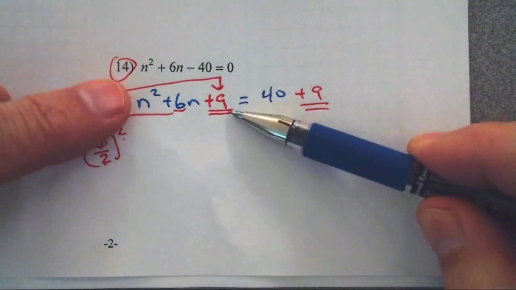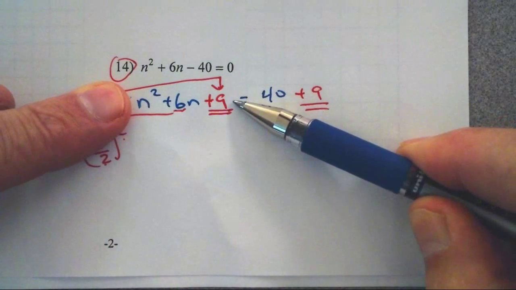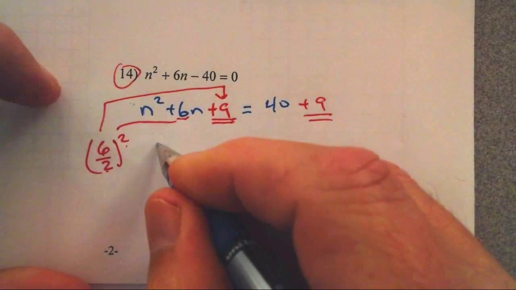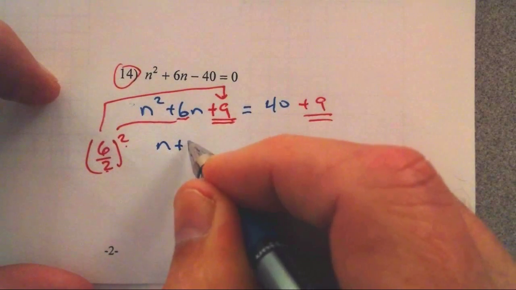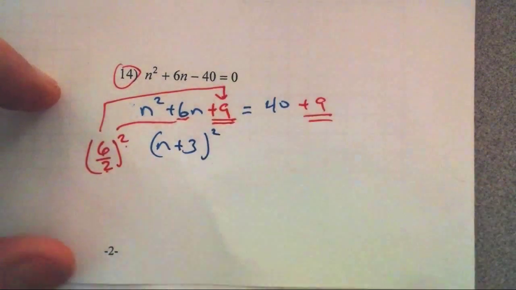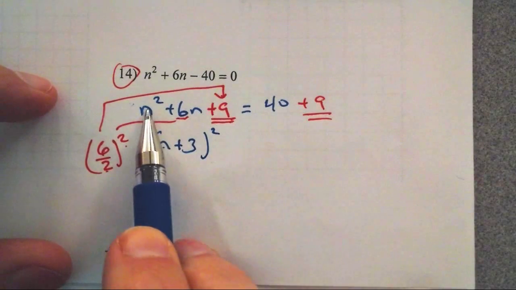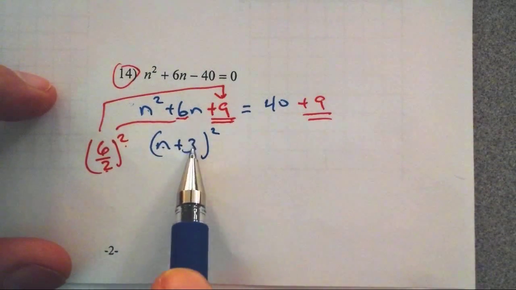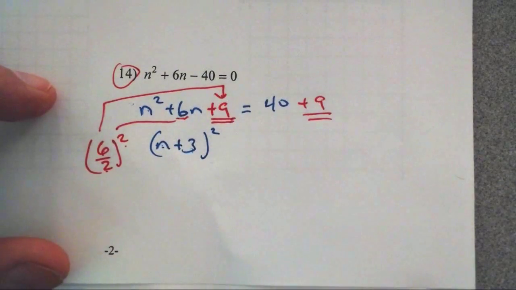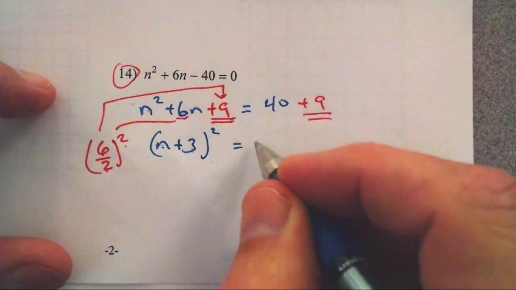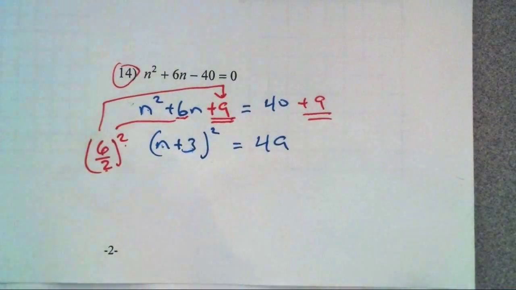And that should make this factorable as a perfect square. And it is. That is n plus 3 squared. We can FOIL that and check. I'd get an n times n. I'd get an n times 3 and a 3 times n, so 3n and 3n. And I'd get a 3 times 3. Equals 49.